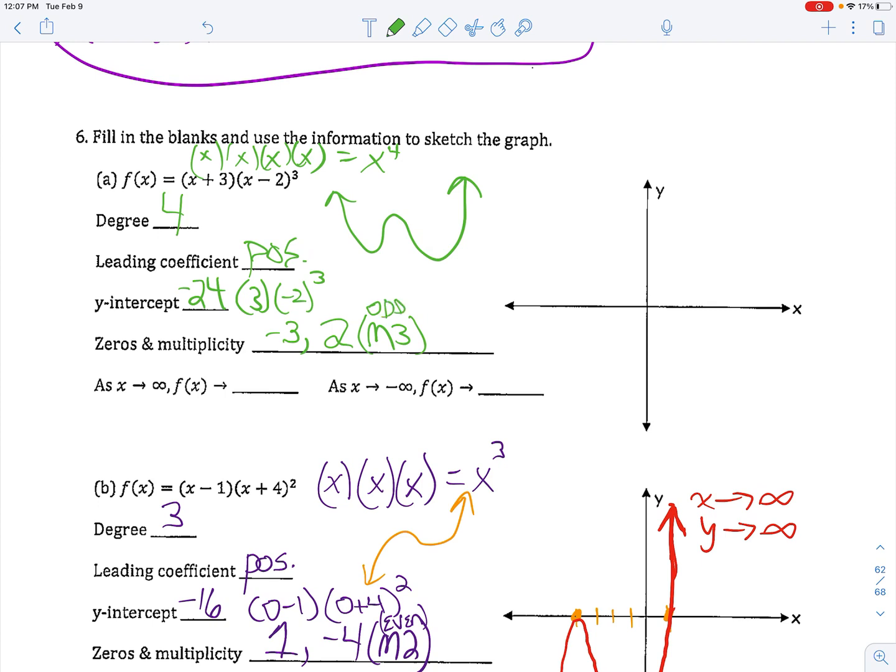Set the factors equal to 0 to find the zeros. You would get negative 3 as a zero, and 2 as a zero, that's getting repeated 3 times, right? That is your odd multiplicity.